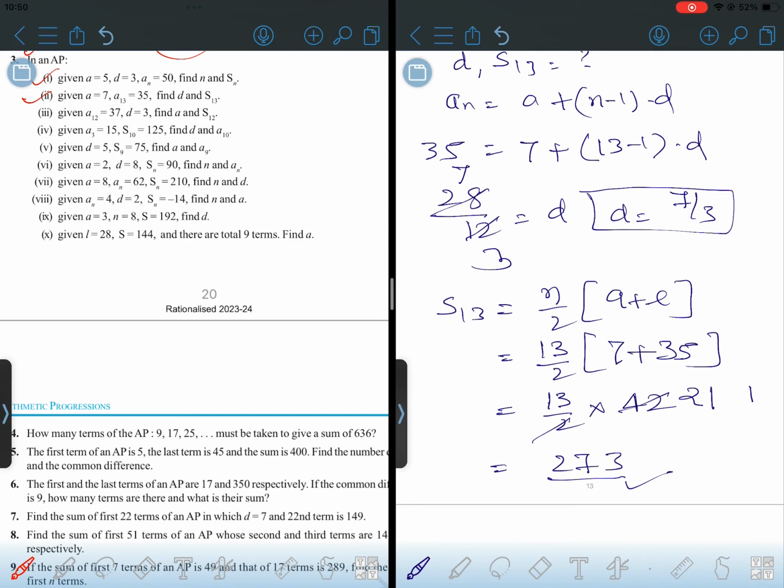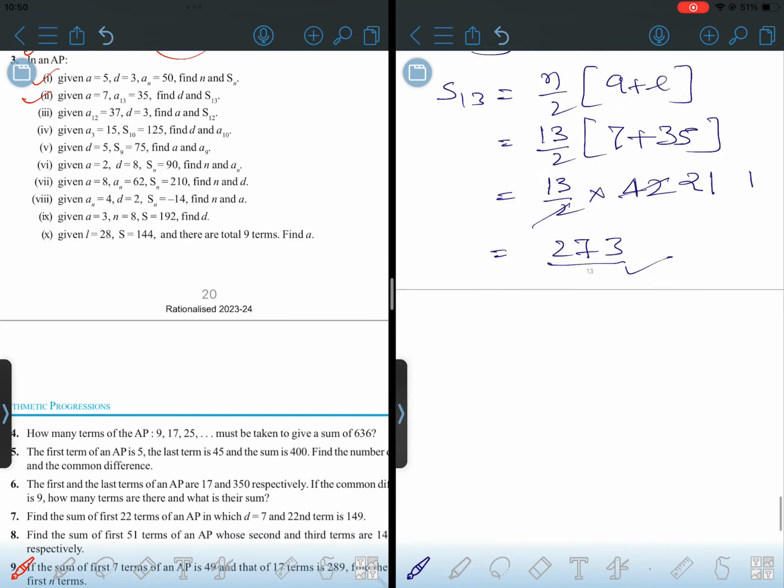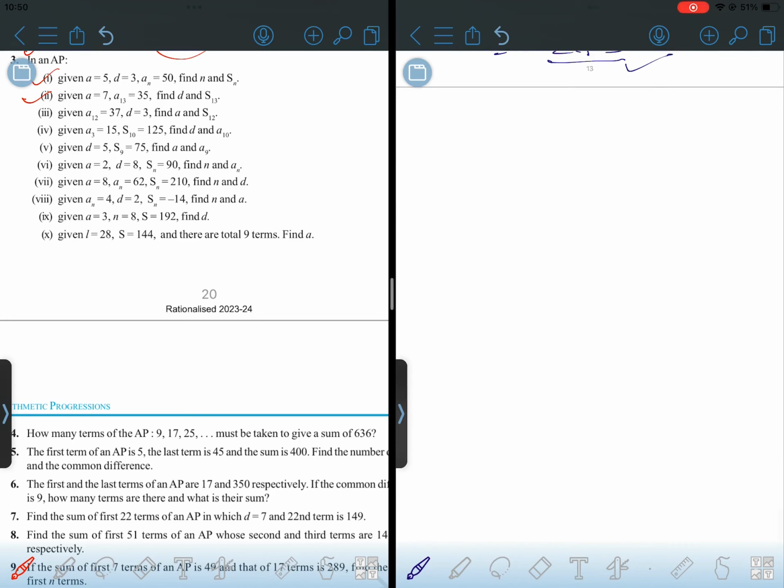The thing is that you have to just see what information you are given in the question and what you have to find out. So I think we have covered the first two parts of question number 3. Let's focus on question number 3, part number 3. I'm solving each and every question one by one, so please follow along, and I hope it is very clear.